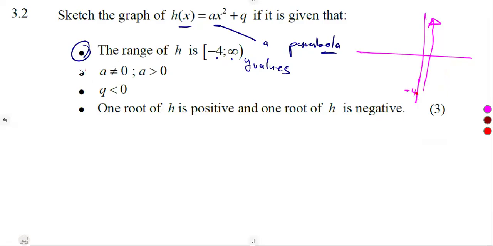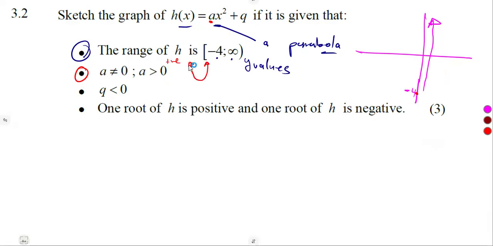All right. Another point, a is not equal to 0, but it is greater than 0. Remember, a tells us about the shape. If a is greater than 0, that's a positive value, we are going to have a smiley shape like this.